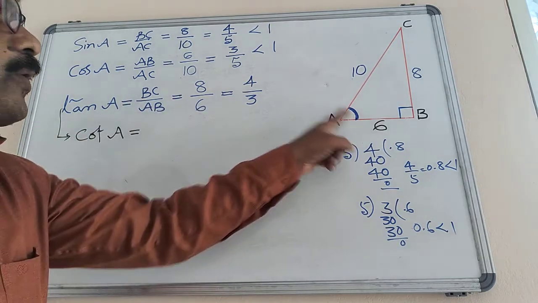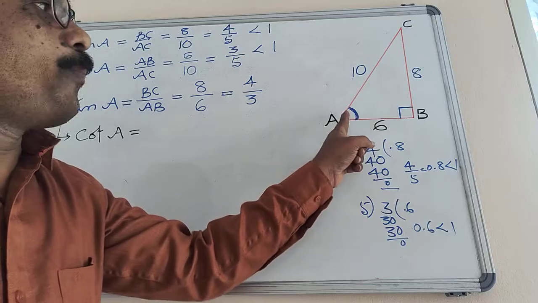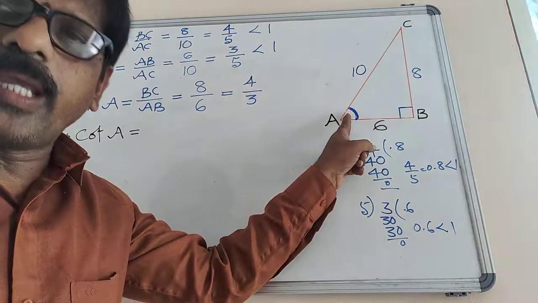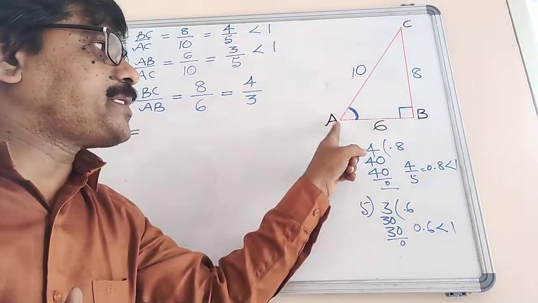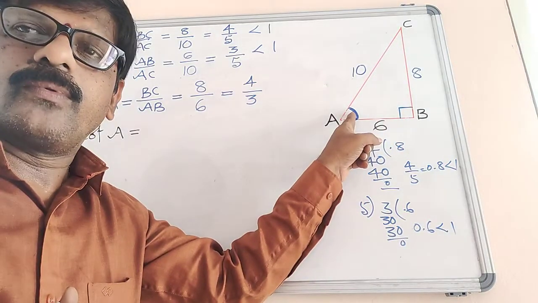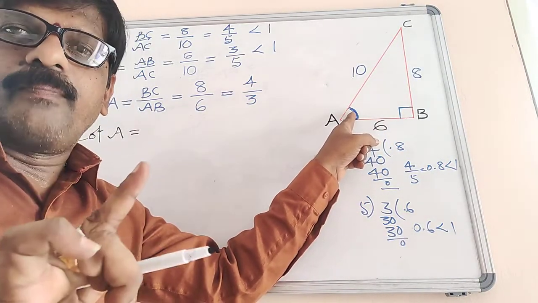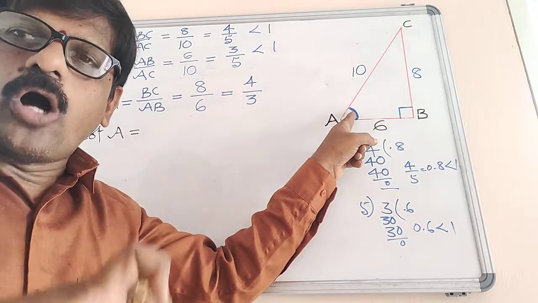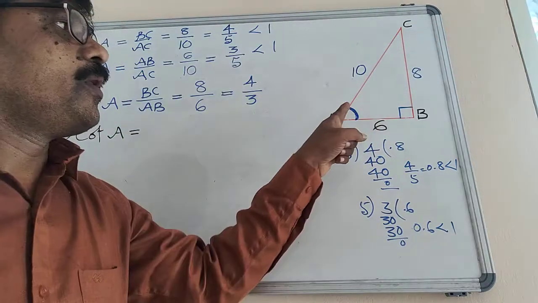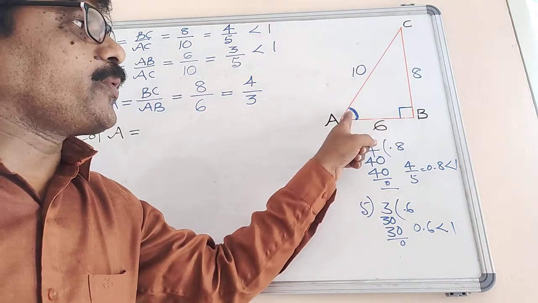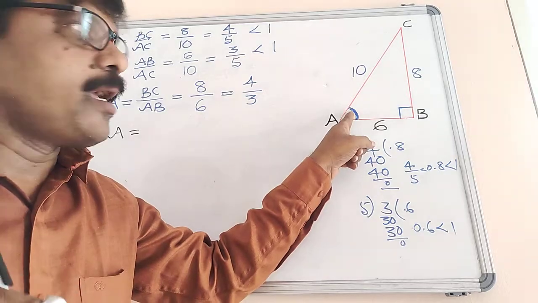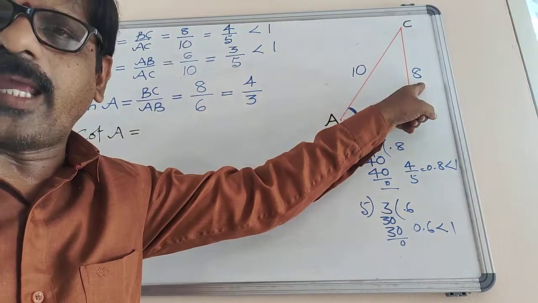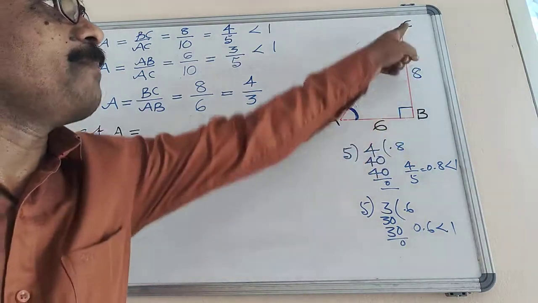A is acute. Tan means opposite side to A by adjacent side to A. Clear? Now we can take cot. Reciprocal means adjacent side to A by opposite side to A. That means AB by BC.